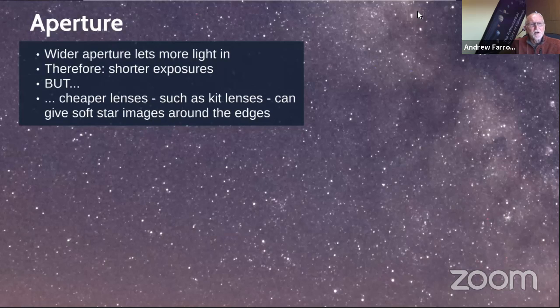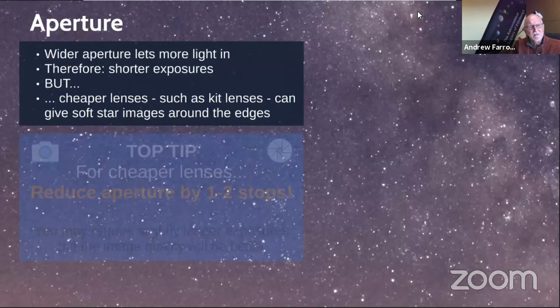Now, aperture. We want to get as much light as we can into the camera. There's precious little out there for us to use, so to maximize it, we want as wide an aperture as we can. But sadly, some cheaper lenses can cause some softness, particularly around the edges of the image.